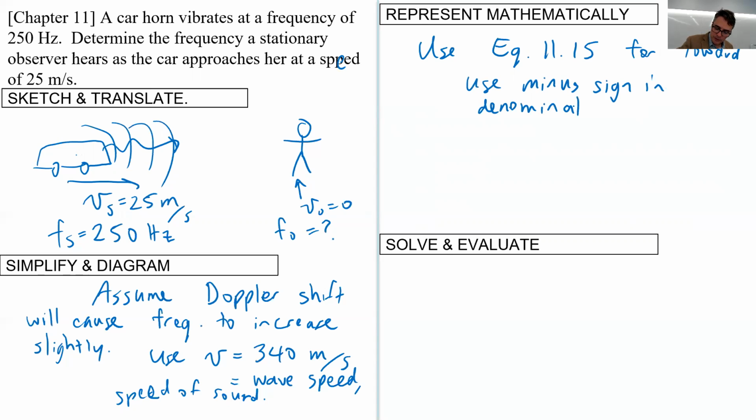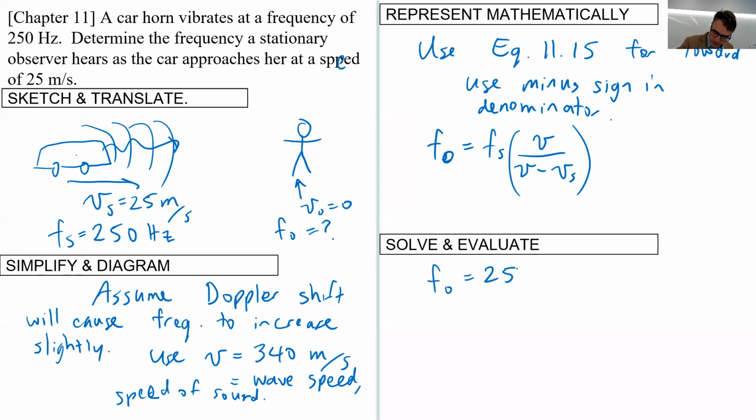The way I remember is that I need it to be a little bit bigger than the source frequency. FO is equal to Fs times V over V minus Vs. V is the speed of sound, Vs is the 25, and you minus it off the bottom. That way your denominator is a little less than V, and you're going to get a number that's a little higher.